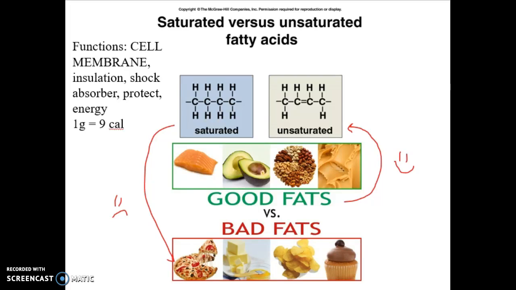Can you switch it out with maybe an oil, maybe some different type of unsaturated fat that'll keep us healthier? Typically, not always, but generally, the unsaturated fats are going to be plant-based.